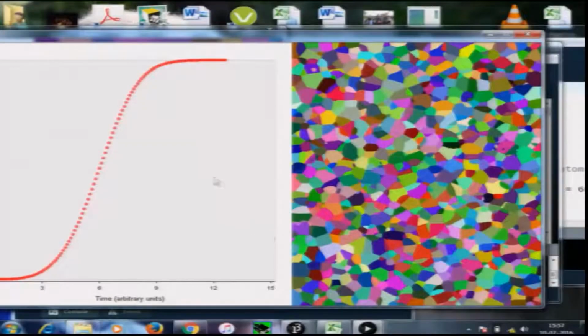But in all the three cases, if you look at this particular curve now, which is fraction transformed versus time, the shape of this curve is called sigmoidal.